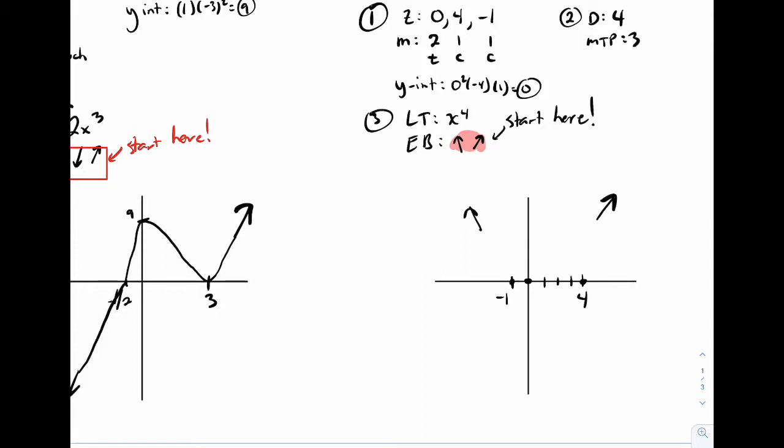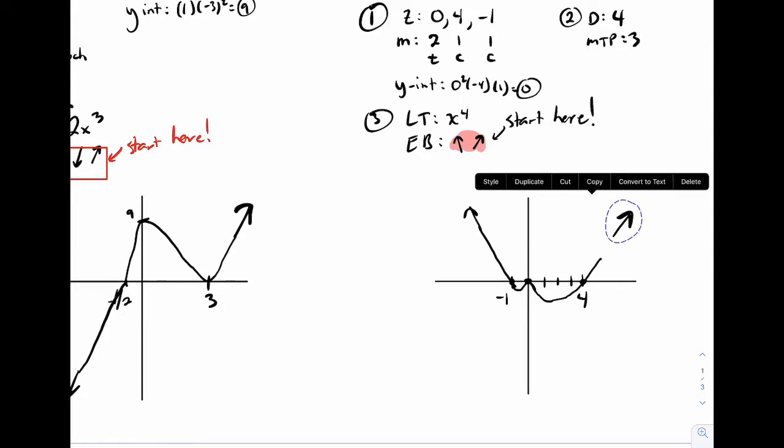And now we just draw. I'll start on the left side. I'm going to approach -1, and I can see I cross. So I'm going to cross through. And then at the 0 right here, notice how it's a touch. So we're just going to bounce off of 0. And then we've got to cross through 4. My graph is a little off, so I'm just going to move the arrow over here. And now it connects nicely.